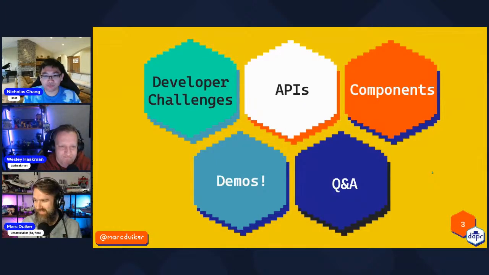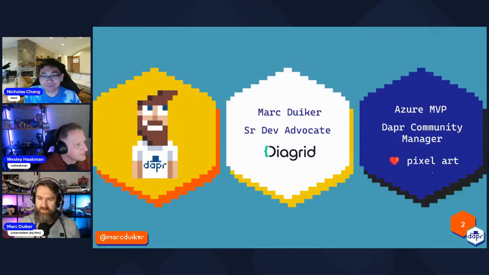Okay. So, Mark, before you get started, do you want to talk about the Dapr community manager role? Yeah, sure. I'm hired by Digrid as a senior developer advocate, creating lots of content and focusing mostly on Dapr open source, which is great. But I also have a side role as a Dapr community manager, which means I'm trying to manage the Dapr community and make it a welcome place for everyone.